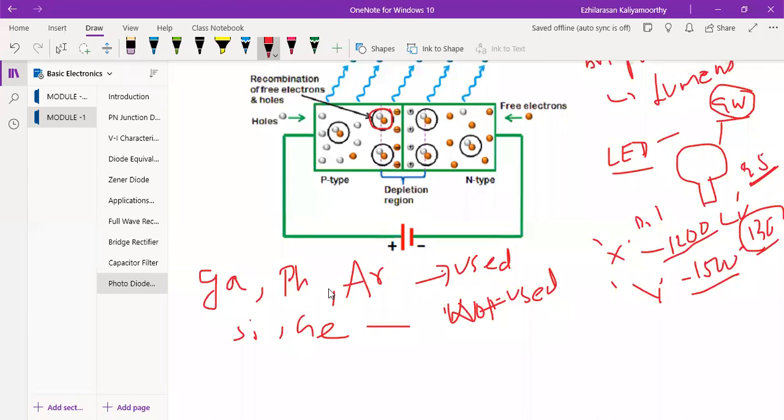Instead, they emit energy in the form of heat. Thus, silicon or germanium is not used to construct the LED.